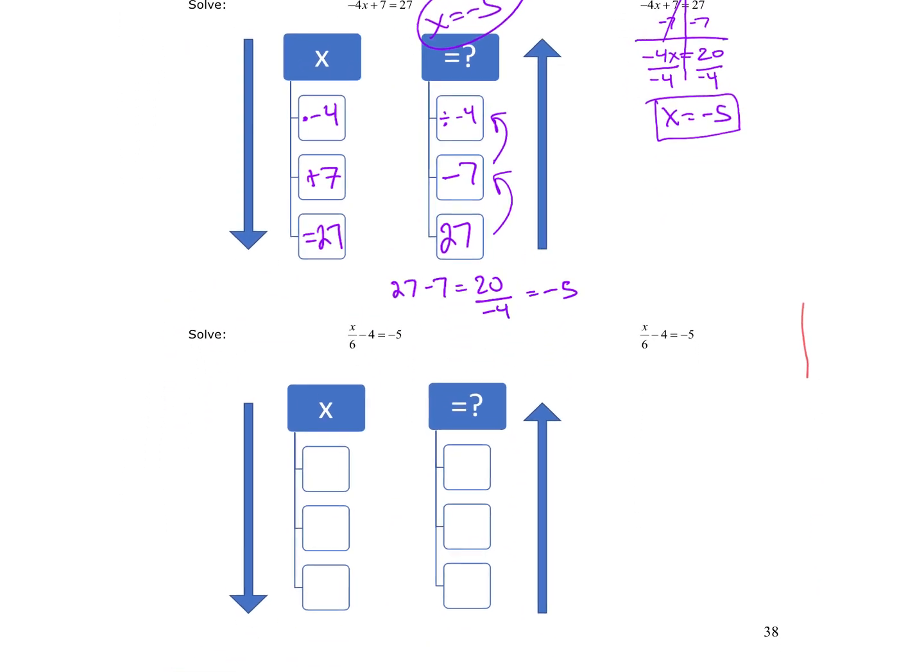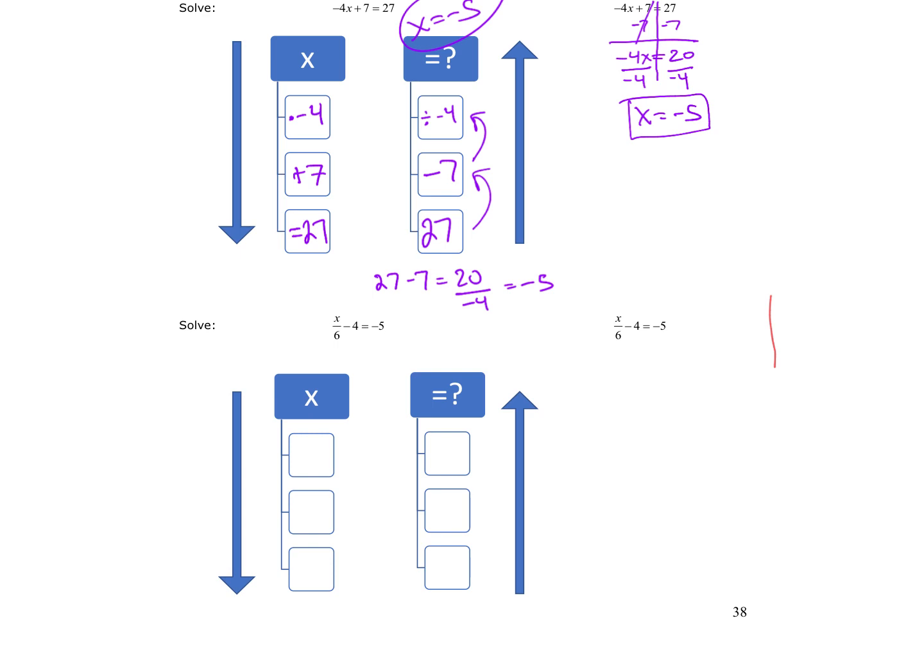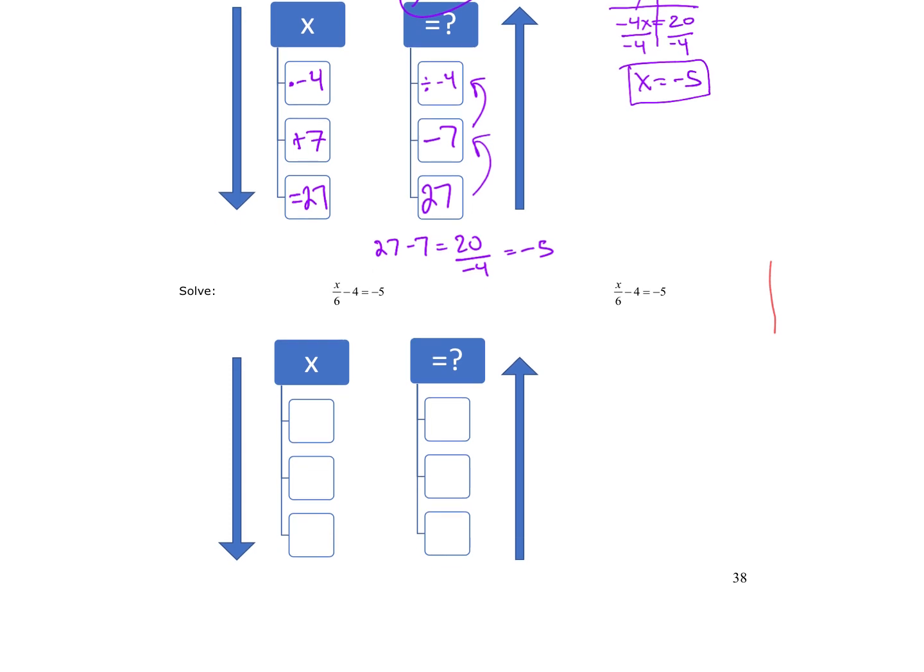I would recommend, try pausing the video, and why don't you try to do the chart process for x over 6 minus 4 equals negative 5. Okay, if you started with x, you should have divided by 6, minus 4, equals negative 5. I forgot my equal sign there.